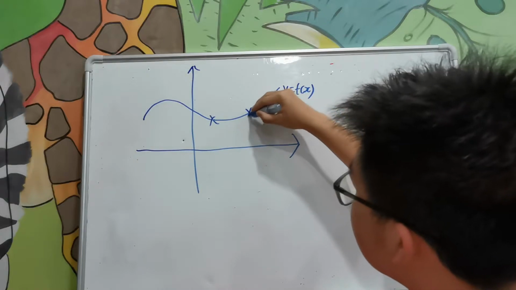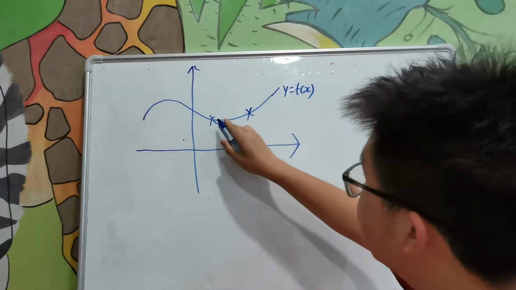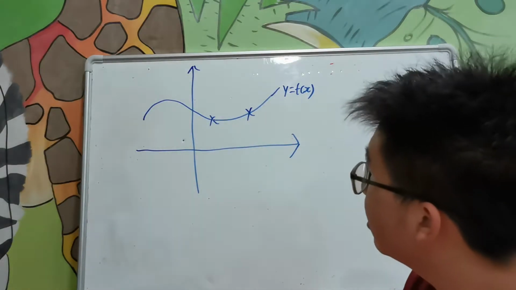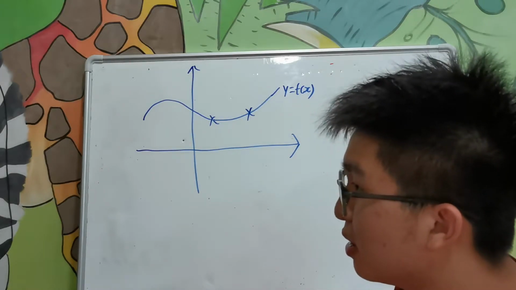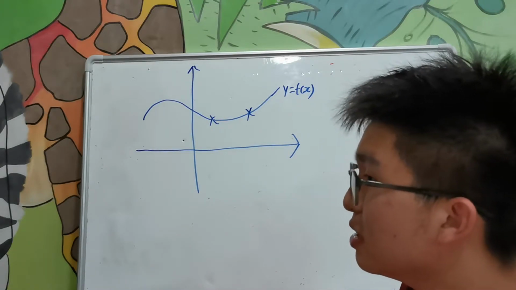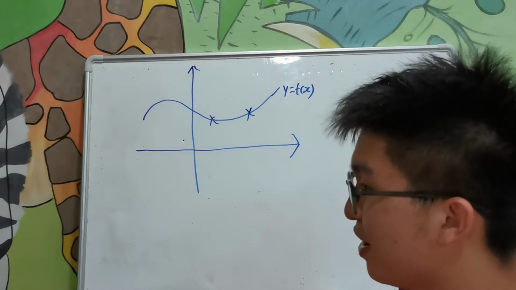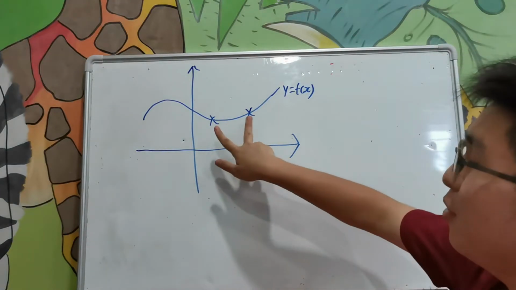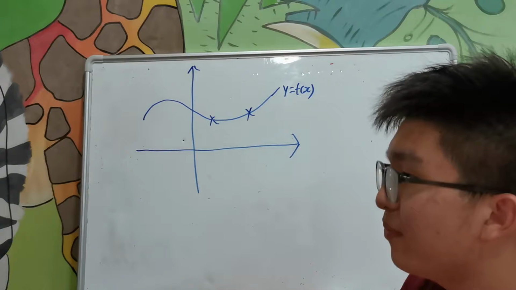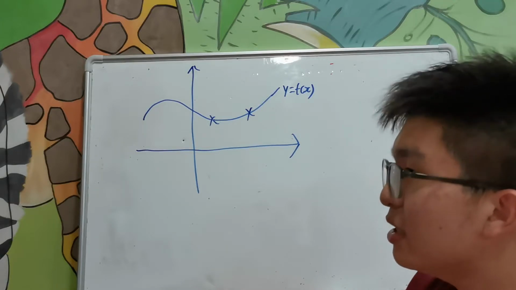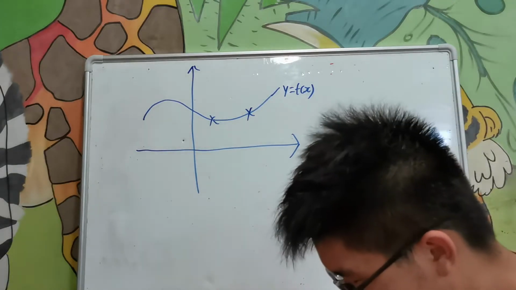Let's say here, and I draw another gradient. You will realize that the closer the two points are to each other, the closer the approximation.